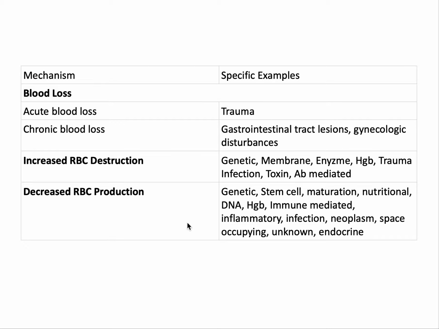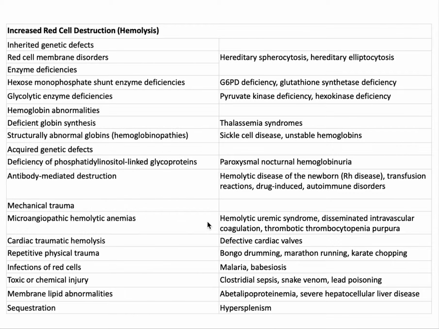Know the various causes for blood loss, increased red blood cell production, decreased red blood cell production, and increased destruction, and the various processes involved with red cell destruction, affecting the enzymes, proteins, trauma.